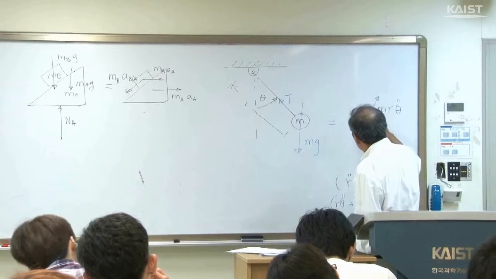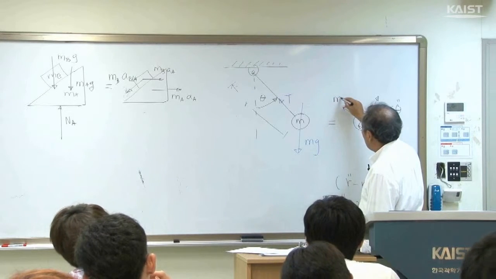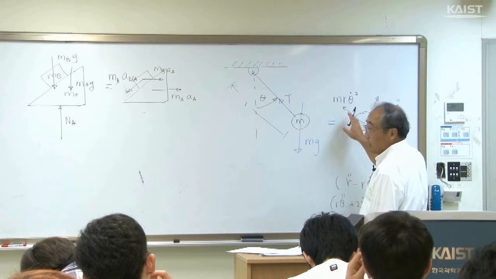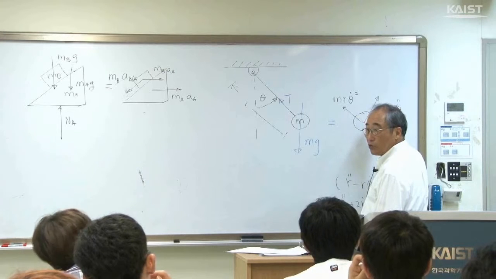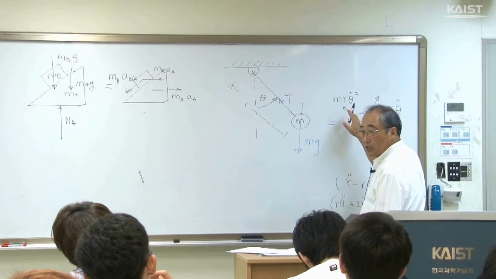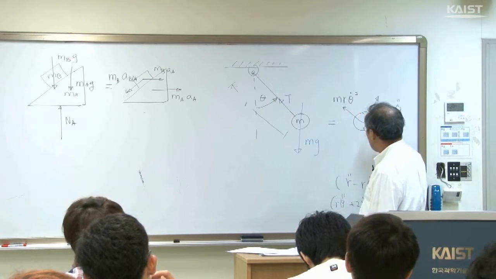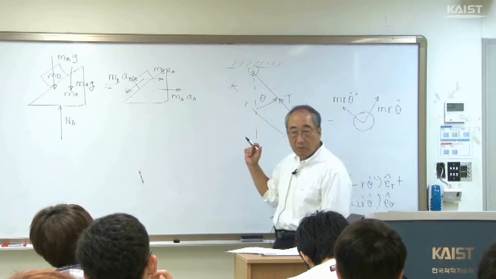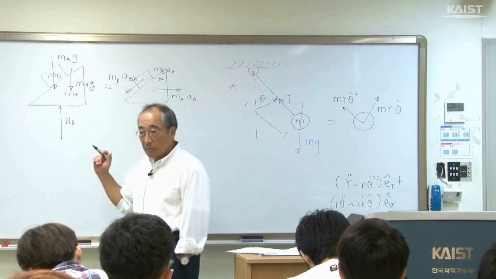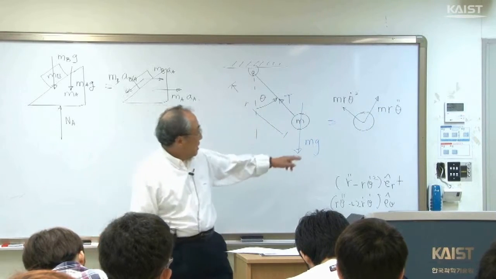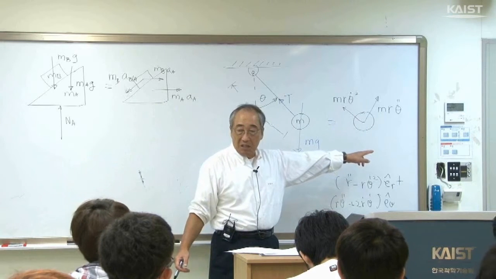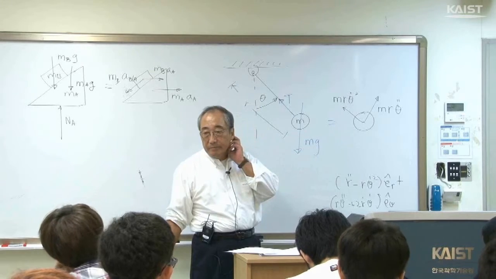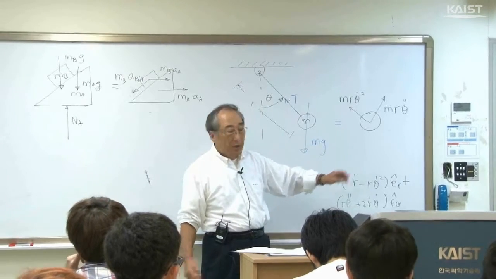And obviously there is another acceleration that is m r theta dot square. The reason why I draw the direction of this acceleration in this direction is because e theta and e r follow the right-hand rule. Okay? Of course, you can just say, oh, this is m r theta dot square in this direction, but this is more convenient.